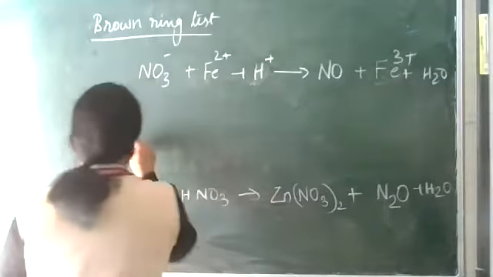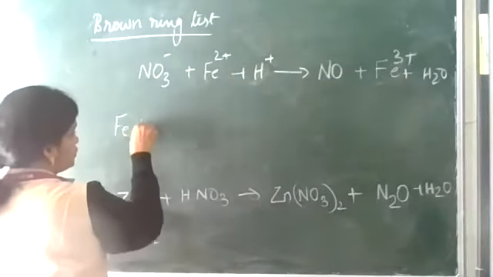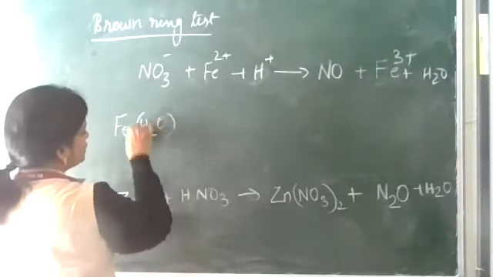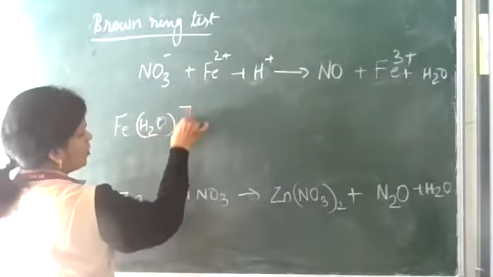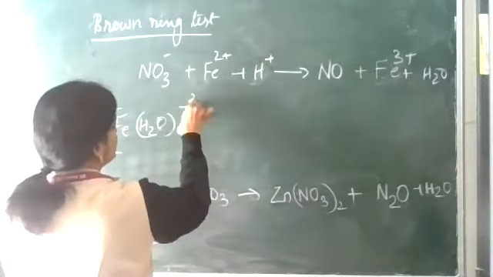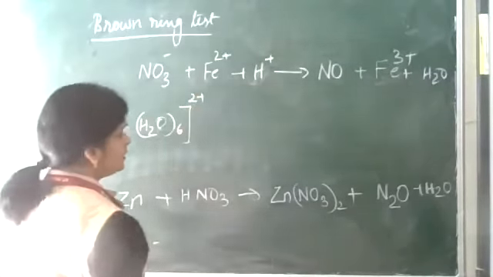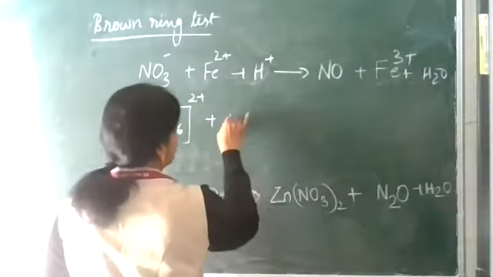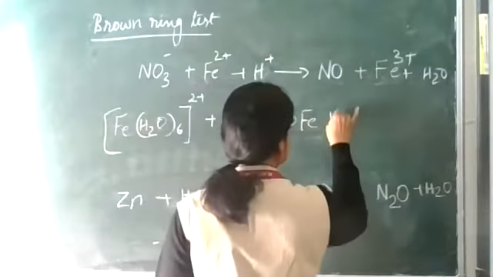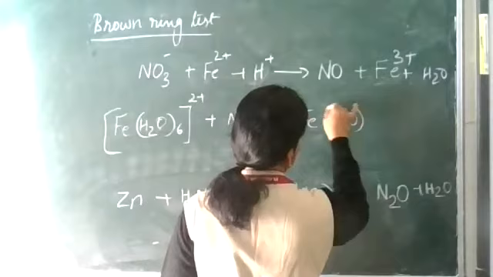Fe(H2O)6 2+, this is the coordination compound, will be taking that NO to form [Fe(H2O)5 NO] 2+. The coordination number should not change.